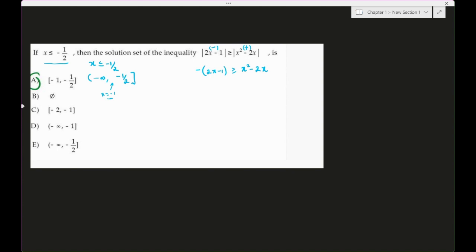We can drop the absolute value. Now this will be minus 2x plus 1 is greater than or equal to x squared minus 2x.